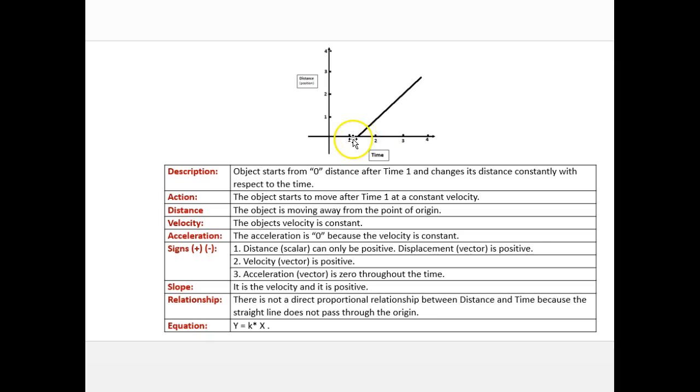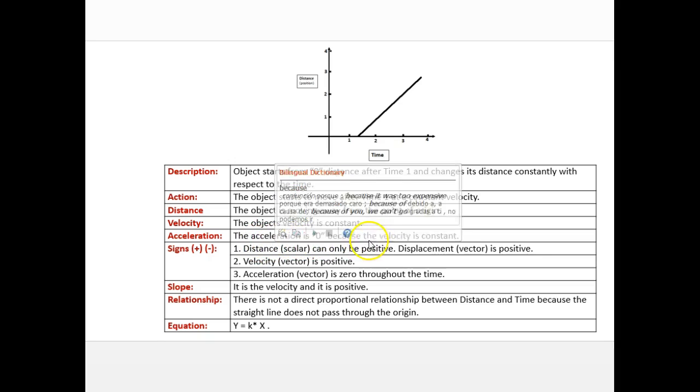Yes, the velocity is constant because the distance is changing constantly with respect to the time. The object starts to move away at time 1, and it just continues. The acceleration is 0 because the velocity is constant.